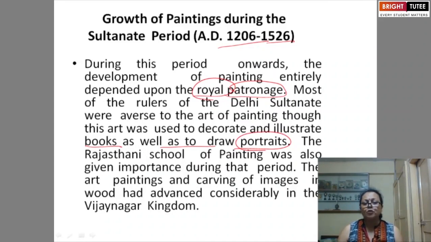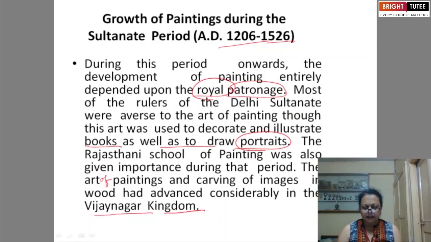The Rajasthani school of painting also gained popularity during the Sultanate period. The art of painting and the carving of images in wood had advanced considerably in the Vijayanagar kingdom.